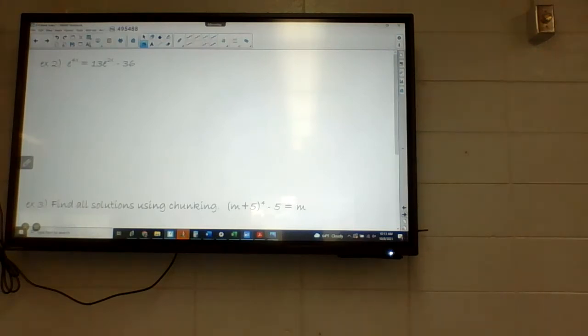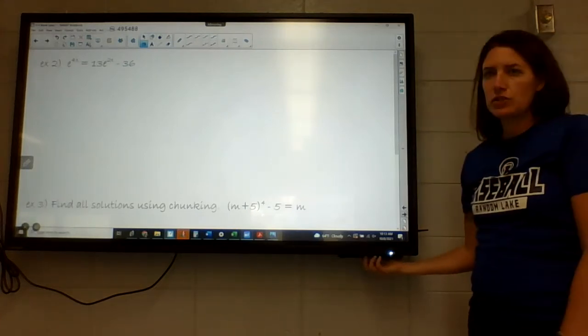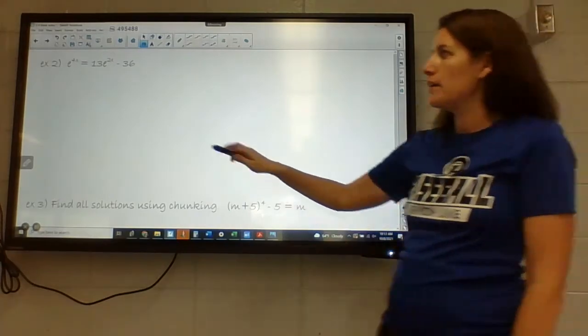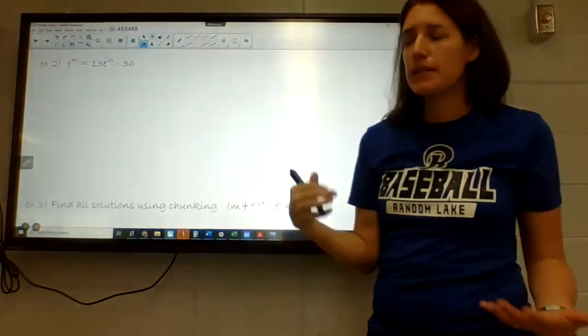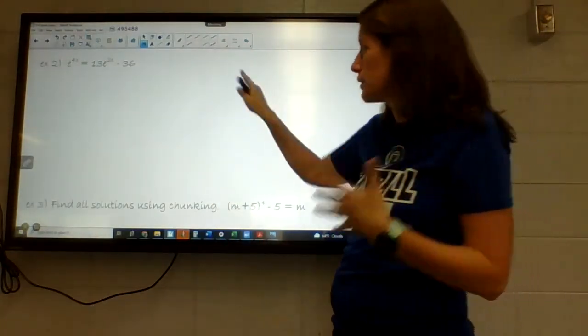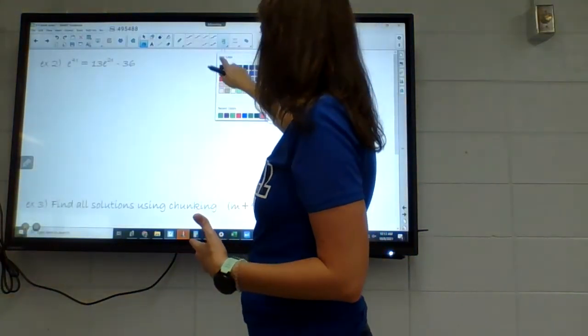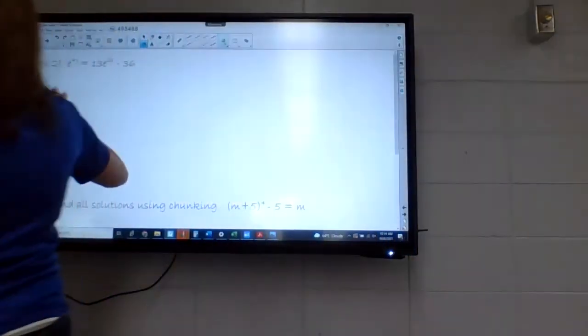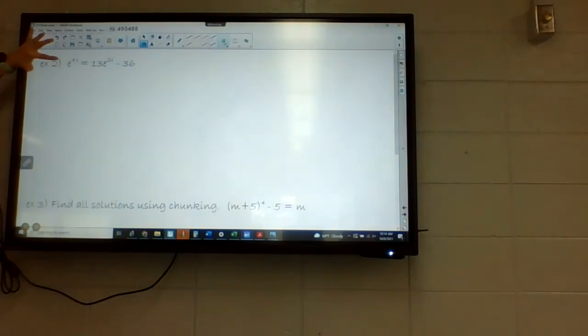All right, so this next one has crazy things going on. There's e's, there's exponents, and it doesn't equal 0. The first thing I'm going to suggest is to make it equal 0, because I know how to factor things that equal 0. I would prefer to keep the highest exponent positive, so I'm going to move everything over to the left.